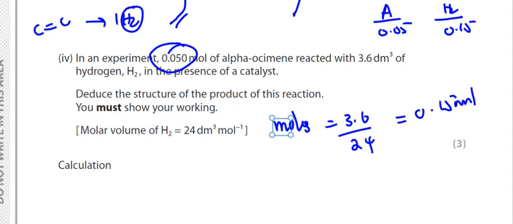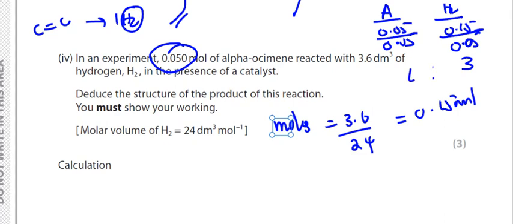So if you have 1 mole of carbon-carbon double bonds, you need 1 hydrogen molecule, the 2 hydrogen atoms, right? So let's see how much hydrogen is utilized here. We have to divide this by 0.05. You get 3, right?